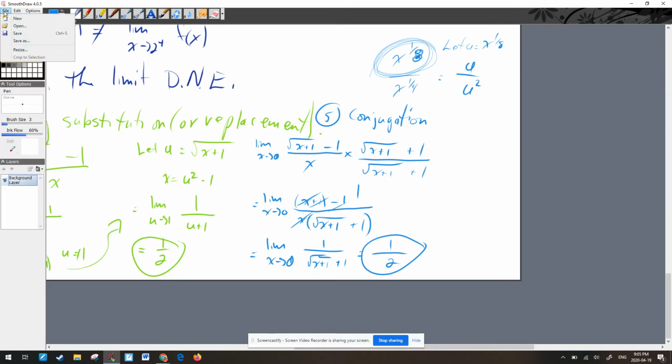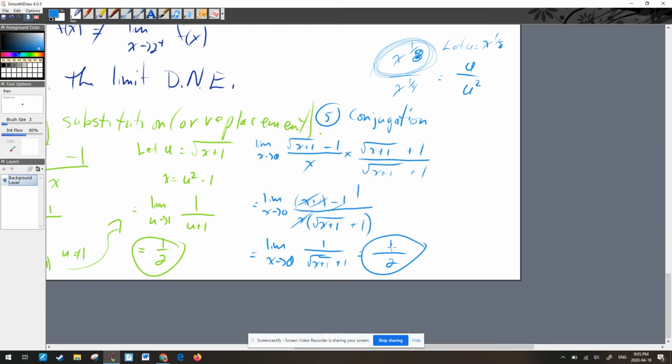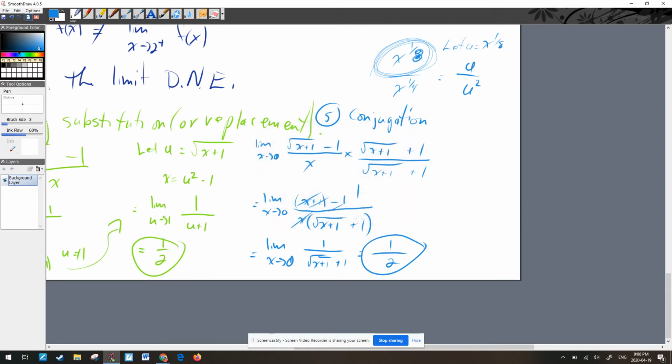So I'm going to maybe just resize this, make this longer. Not keep the same ratio. Let's go down to like 8,000. Hopefully it doesn't go crazy. Maybe it will. Did I not hit OK? Resize. Apparently not. 8,000. Or is that going to be out of scope? Okay. Okay, so I'm going to save this.